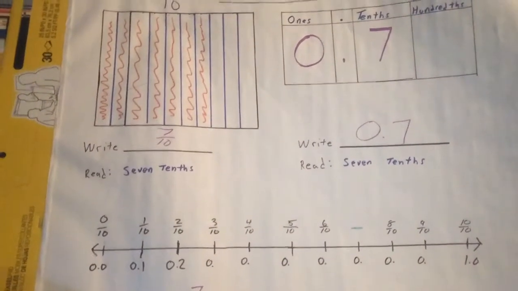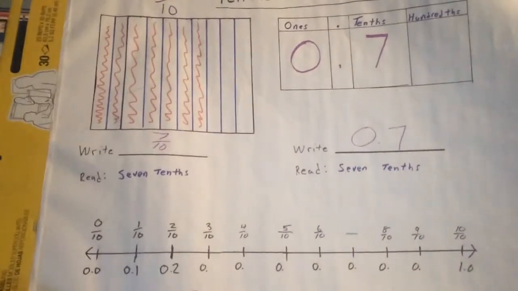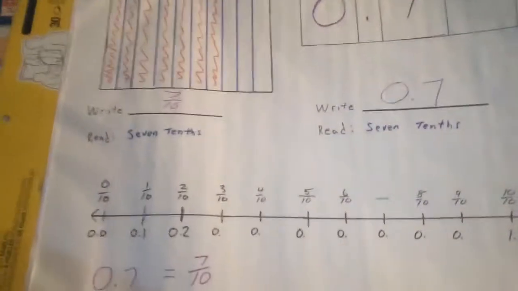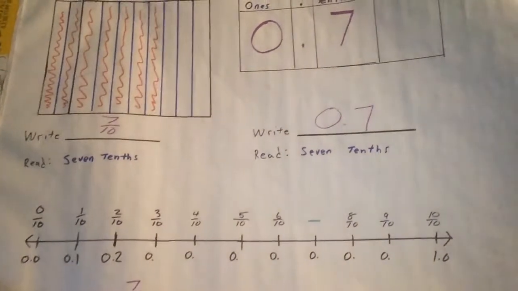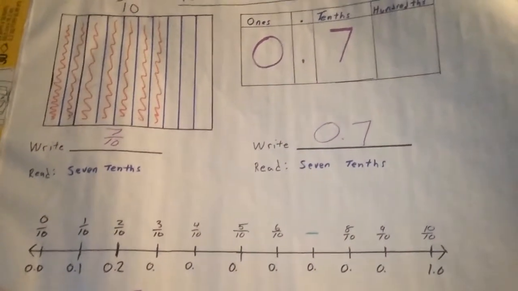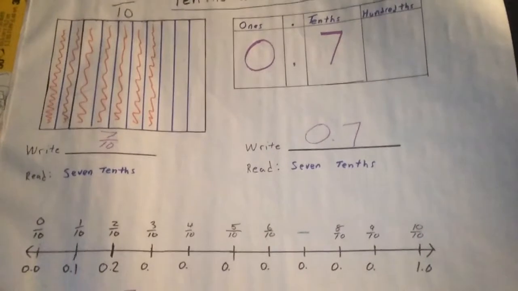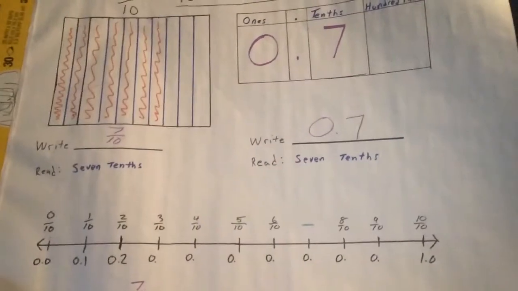And if you notice, it starts at 0/10, which is written as 0.0. Okay? Then, as you notice, it goes 1/10 or 0.1, 2/10 or 0.2, 3/10. What would go next?